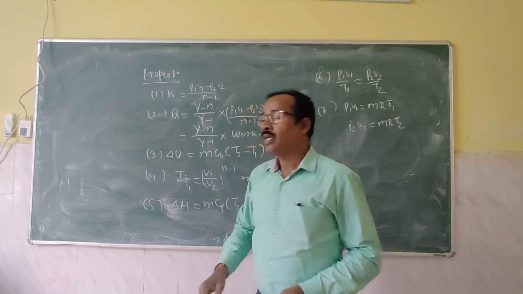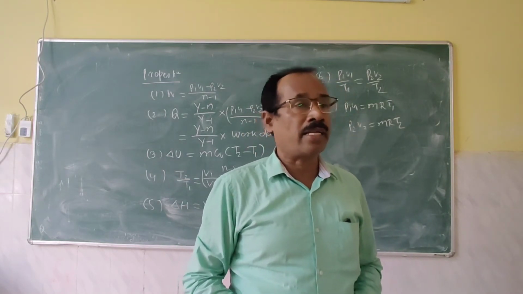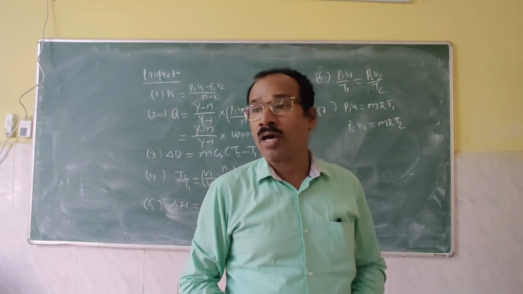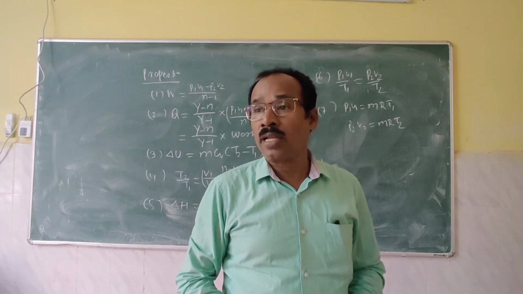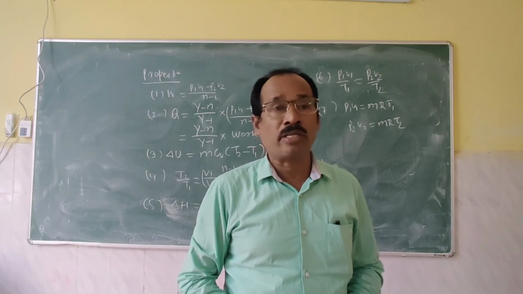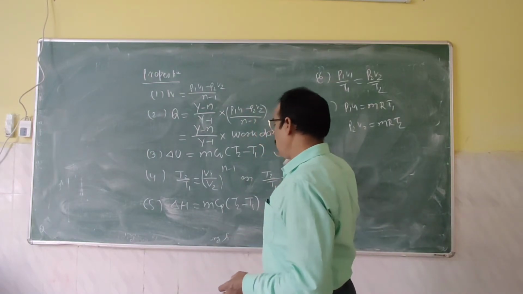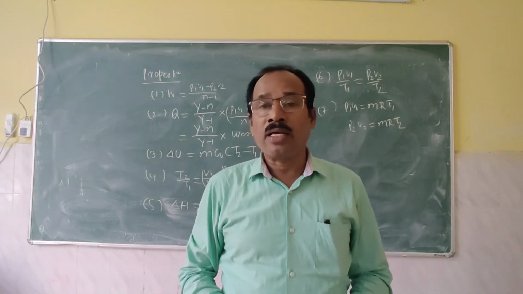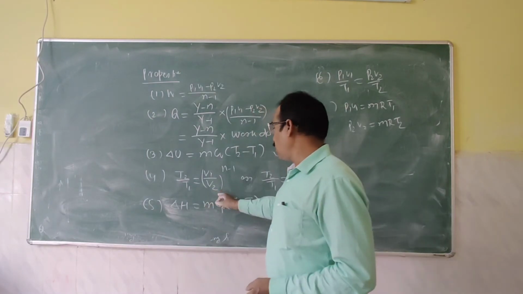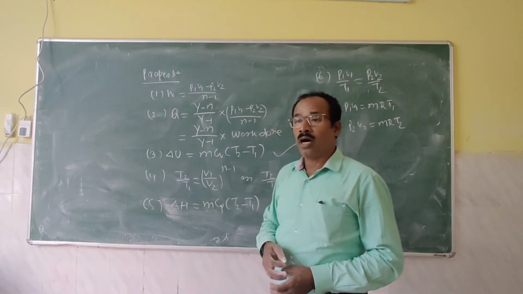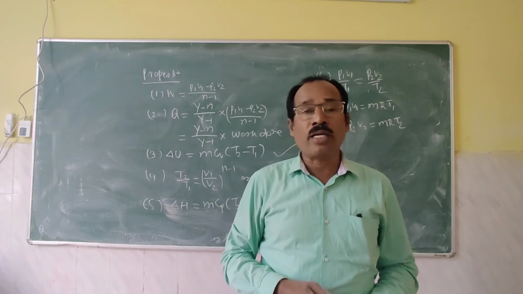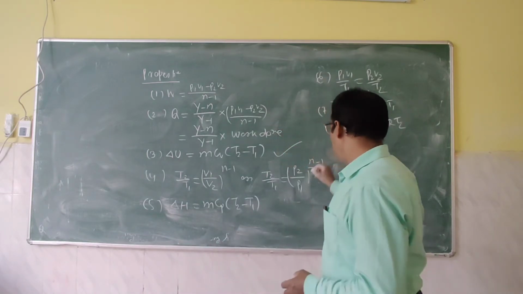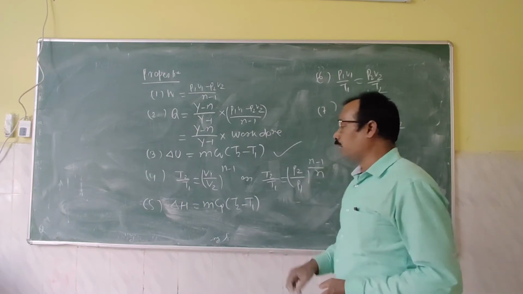Third case, change in internal energy, that is delta U is equal to m Cv (T2 minus T1), where T2 is equal to final temperature and T1 is equal to initial temperature. Then number 4, T2 by T1 is equal to (V1 by V2) to the power n minus 1, or we can write T2 by T1 is equal to (P2 by P1) to the power (n minus 1) by n.